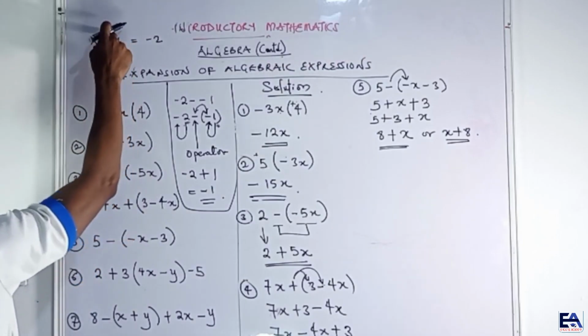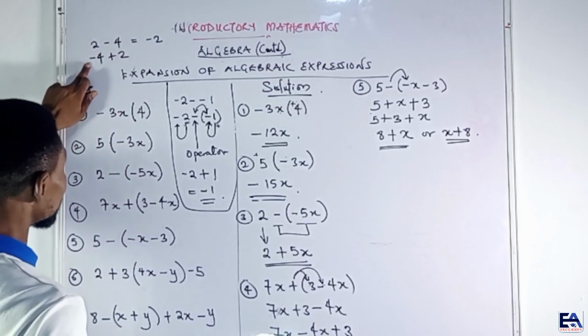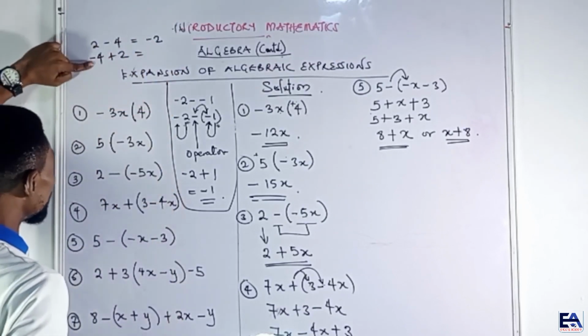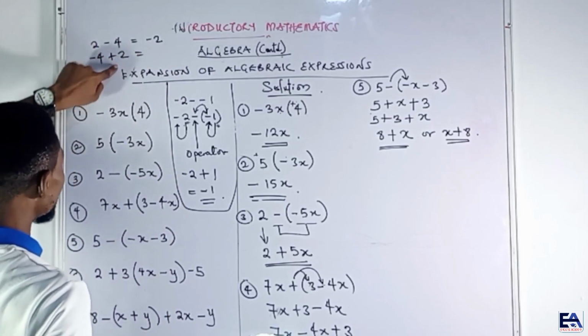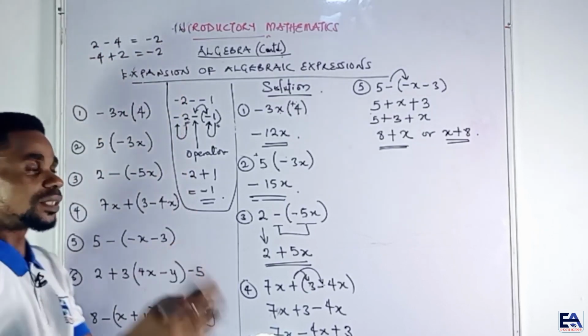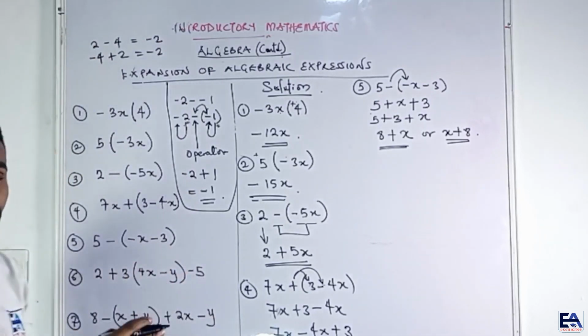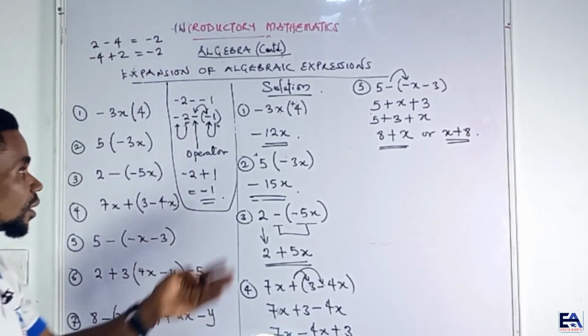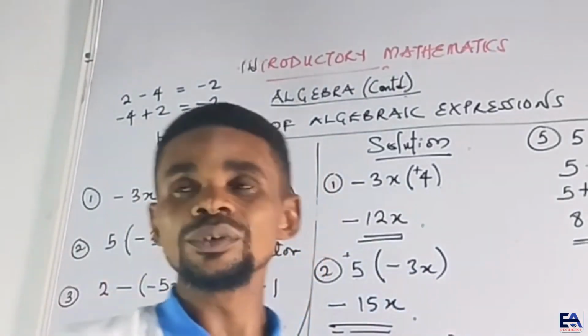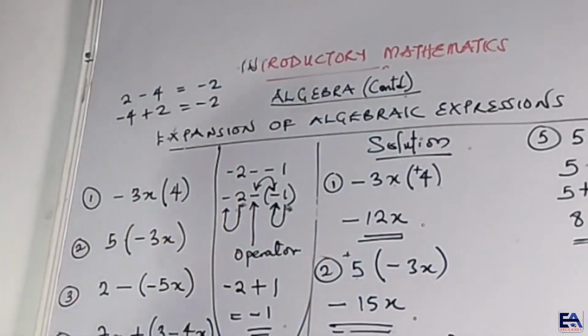And then this negative 4 goes to the front, still retaining its negativity. All right? You see that we are still going to get the same answer because if I'm owing 4 and I'm having 2, if I pay the 2, I'm still owing 2. So you get the same answer regardless of how you position them. Okay, so that's what's happening here. If I say 8 plus x, it is still the same as x plus 8, no problem, no issues, everything is still fine. Okay, all right, good.